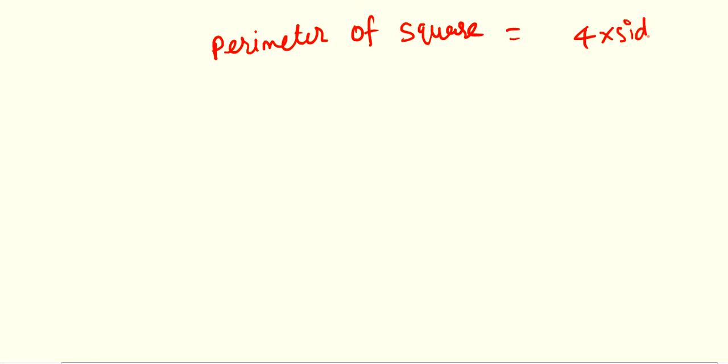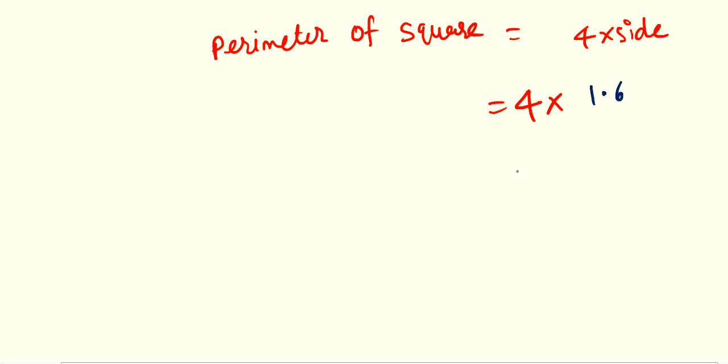Question number 6. Find the perimeter of a square whose each side is 1.6 meter. So perimeter of square equals 4 into side. This is the formula. So 4 into side. The value of side is given. Each side how much is given? 1.6 meter.